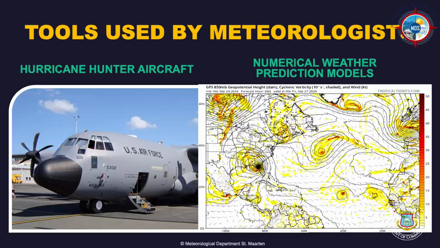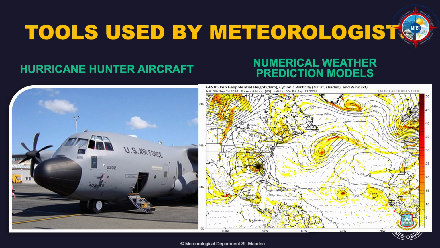So we also use models. Over here we have models, and we use the information from the Hurricane Hunter to tell us about the hurricane. What the Hurricane Hunter does, they fly into the hurricane.